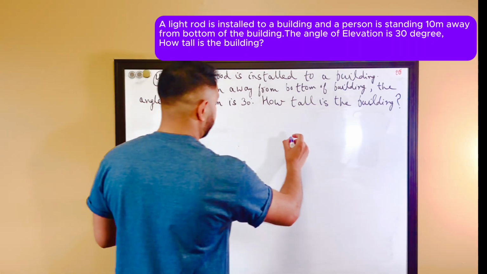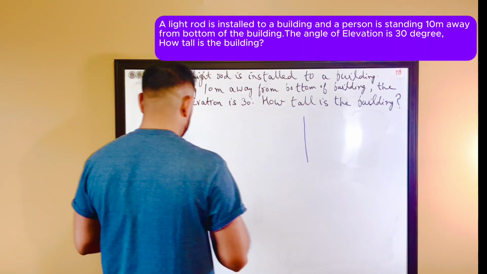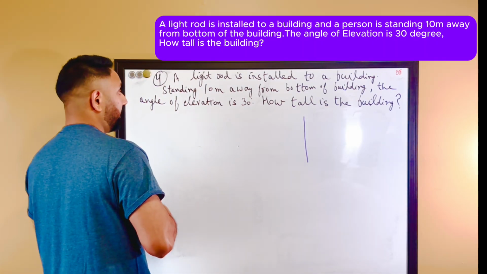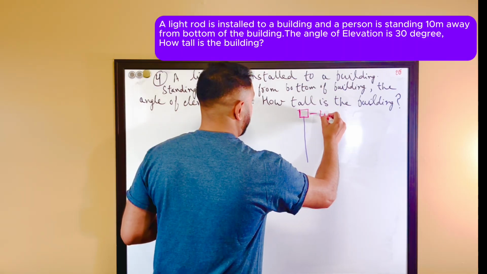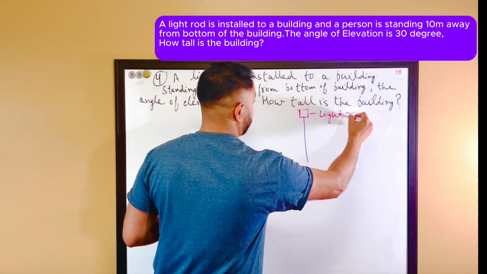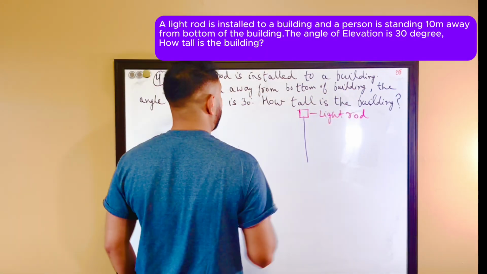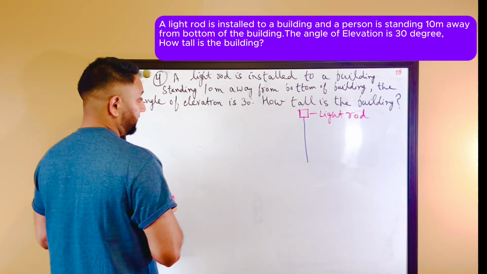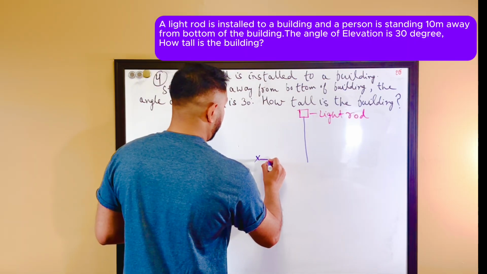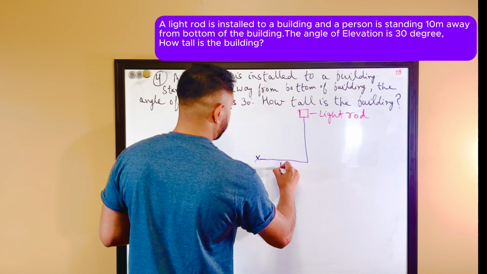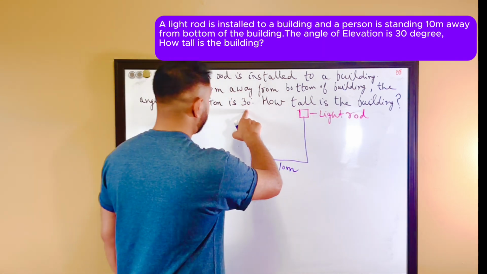So that means, let's say this is the building and a light rod is installed to the building. Let's say a person is standing here, 10 meter away from the bottom of the building, and the angle of elevation is 30 degree.